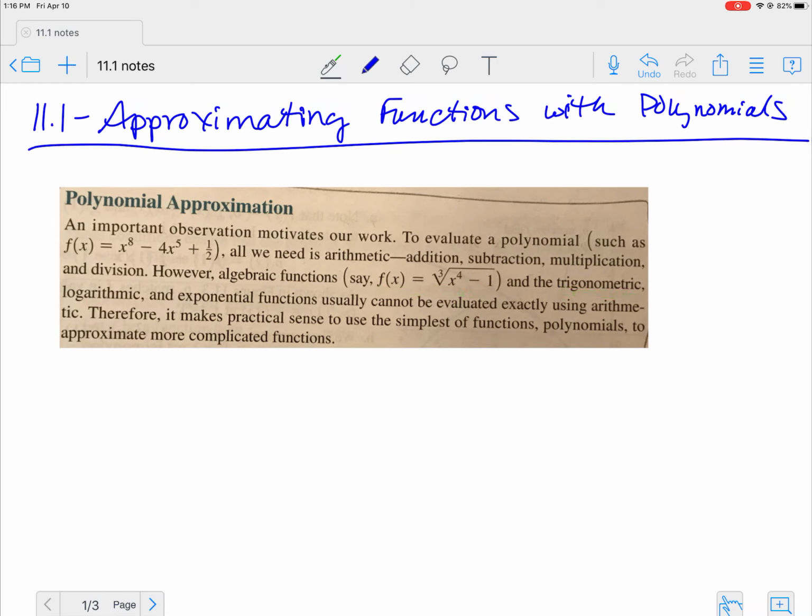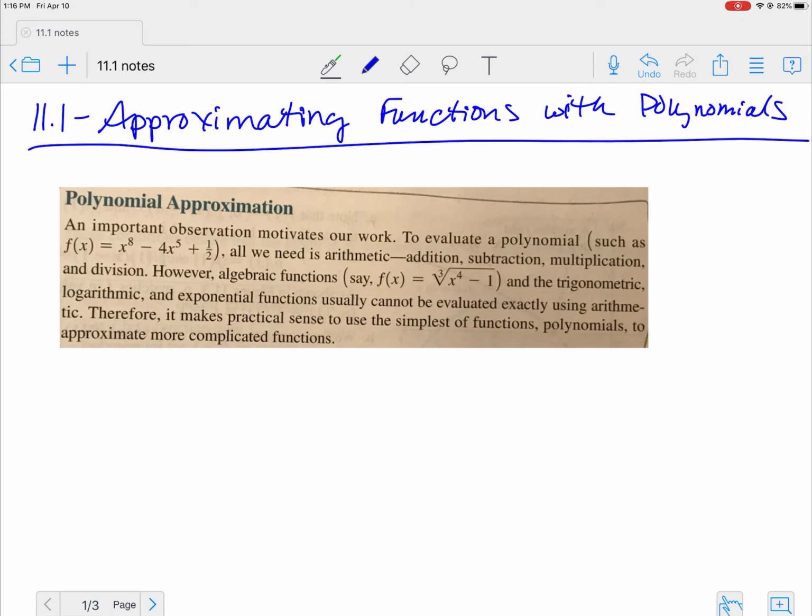A lot of times these are called transcendental functions. All right, the transcendental functions here, these algebraic, logarithmic, trigonometric stuff, cannot easily be used with arithmetic. Therefore, it makes practical sense to use the simplest of functions, polynomial, to approximate more complicated functions.